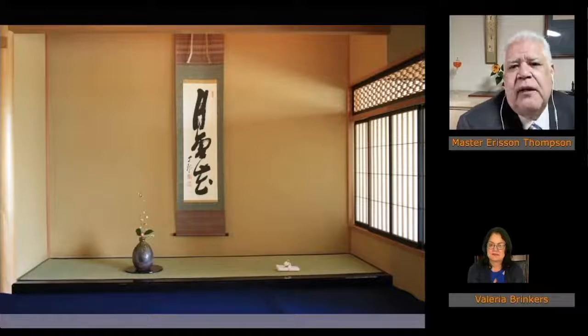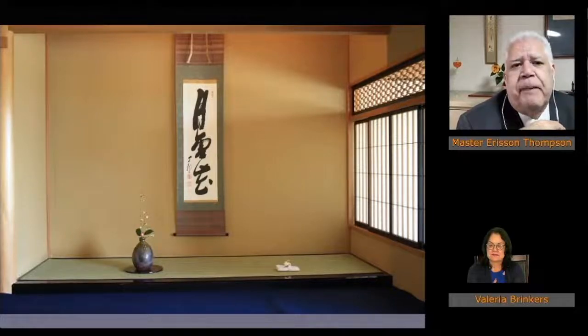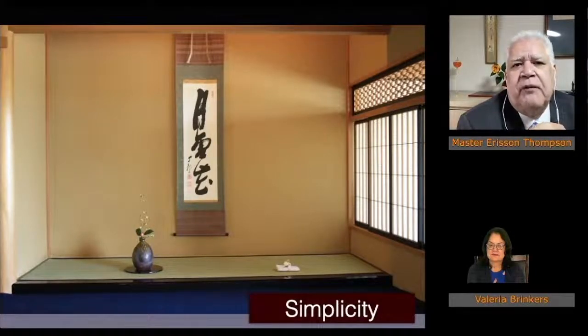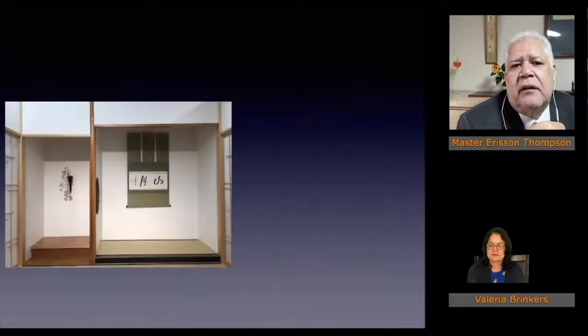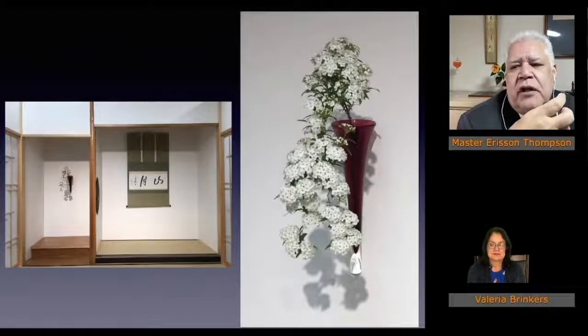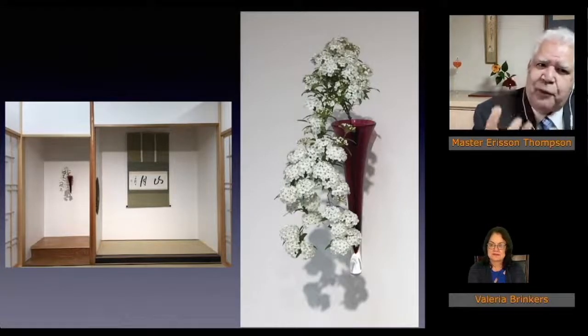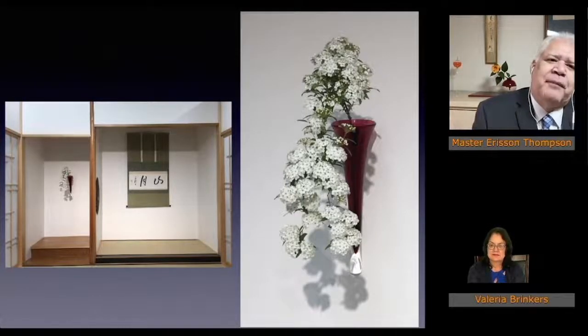Here, I made this arrangement when I was visiting Japan, using a flower explosion, wearing the bridal veil. The strength of the flower is so elegant. The vase is also simple, enhancing the flower with the environment.